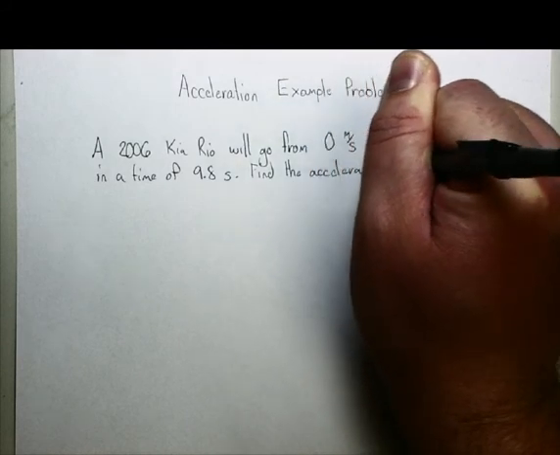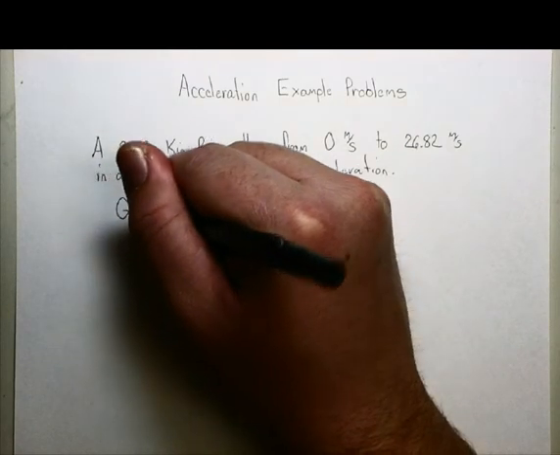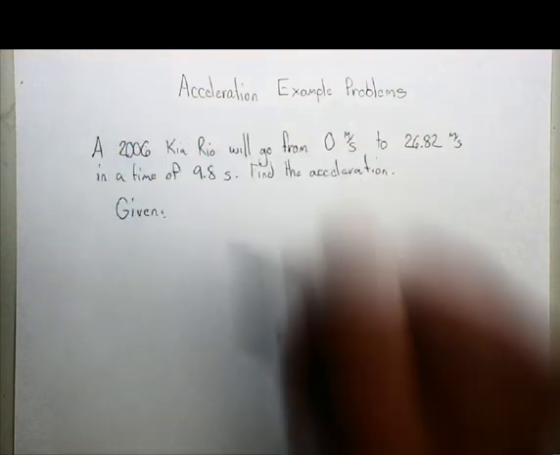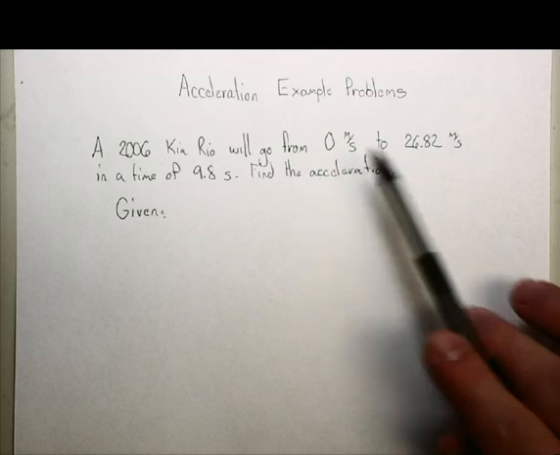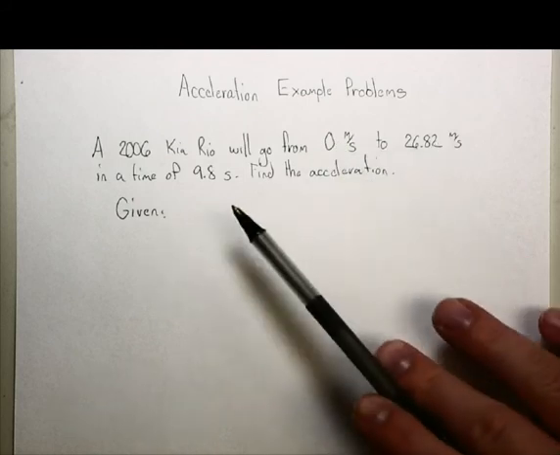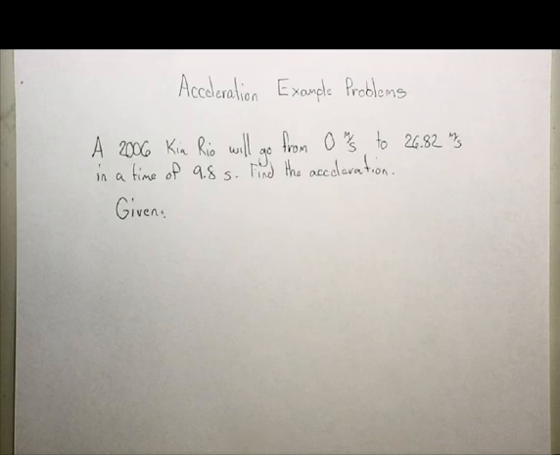And in order to do this, we're going to set the problem up like you know how. First, we start with what we're given. And so we see that we're given 3 numbers relating to the motion of the car. We have 2 speeds and a time.